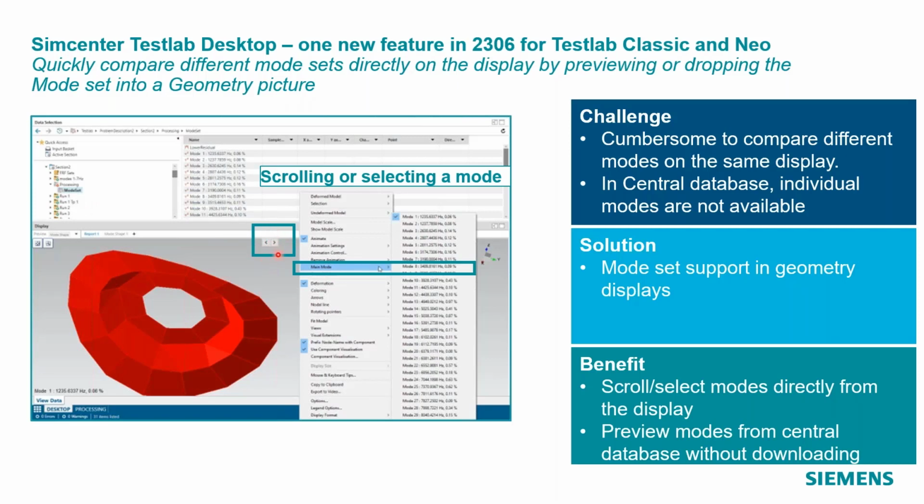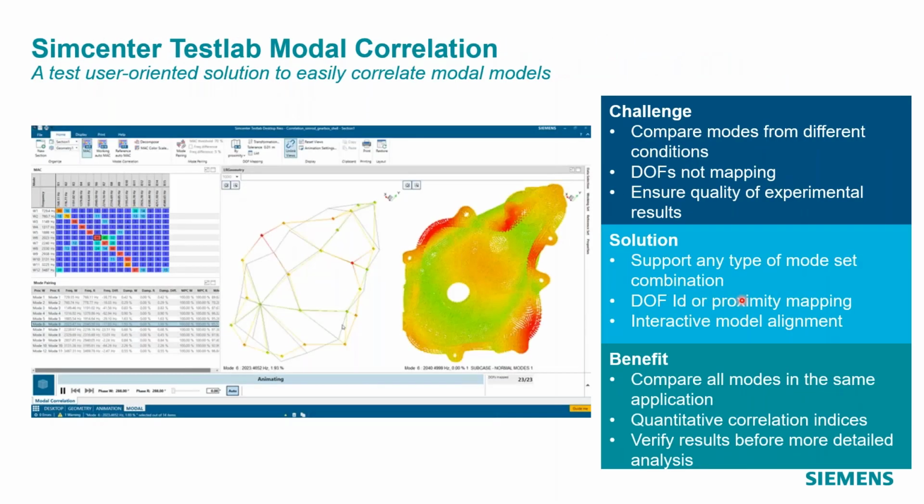Within a picture, you can scroll through the modes with these little arrows. Or if you right click in the background and go to main mode or overlaid mode, you can jump to one of the modes directly. That's not Neo only, that's both in Classic and Neo. So mode sets are now supported in all of the geometry displays. That's a nice feature I thought I'd share.